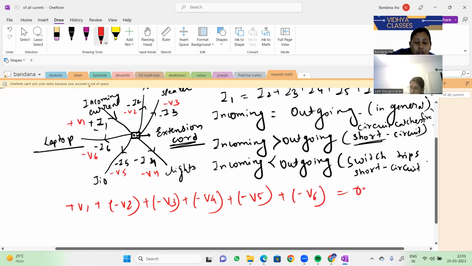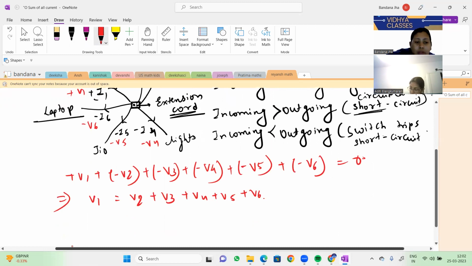This can also be written as V1 equals V2 plus V3 plus V4 plus V5 plus V6. That is, incoming voltage is equal to outgoing voltage.